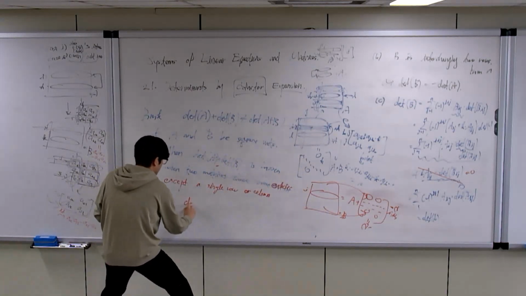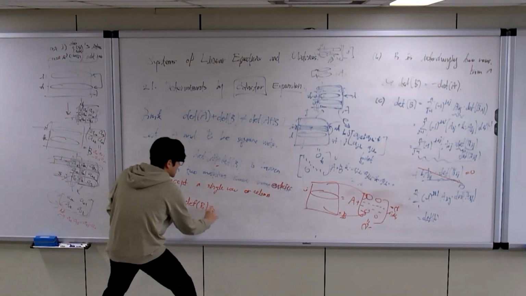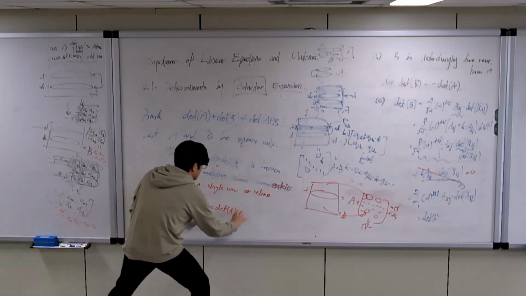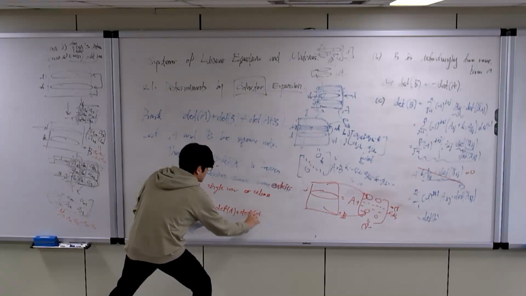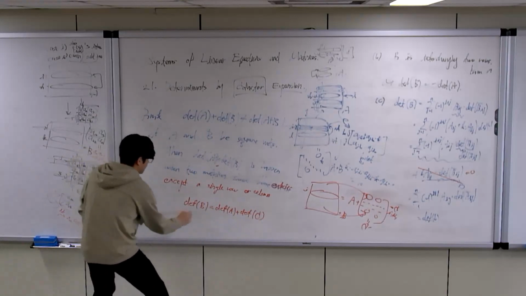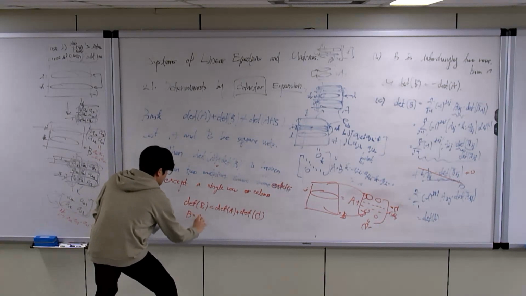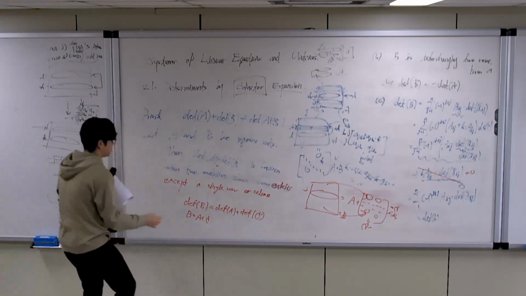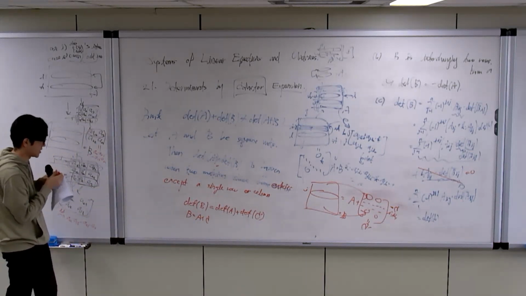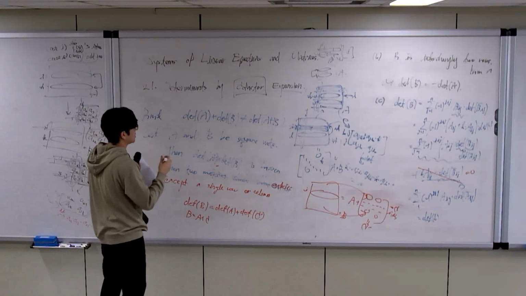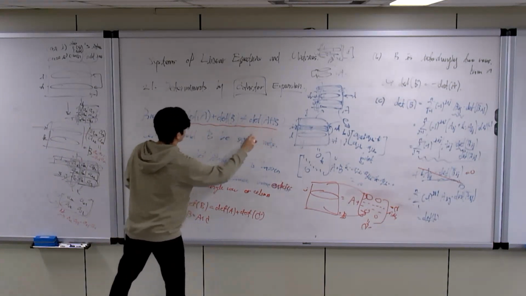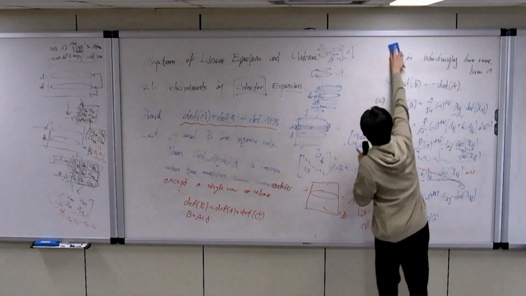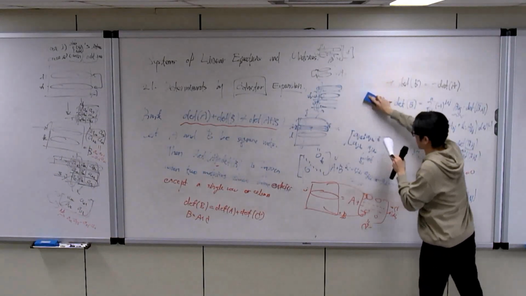Determinant B is equal to determinant of A plus determinant of C. Usually, in general, it does not make sense. It is not true. I will give an example for that.